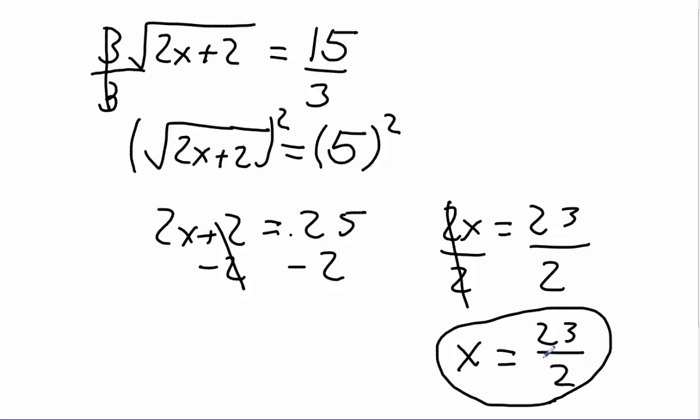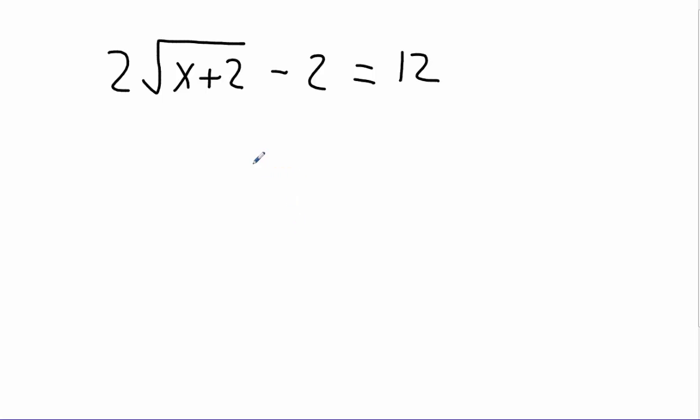And that works. Again, the whole idea of these is we need to isolate the radical all alone. And this is probably the most complicated one that we're going to be doing, but again, it's nothing crazy.